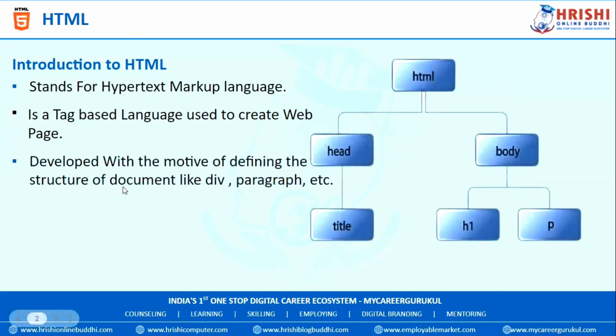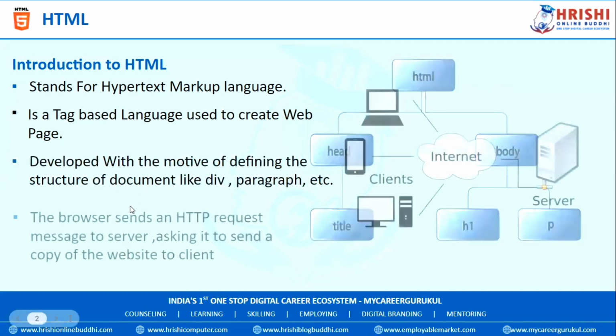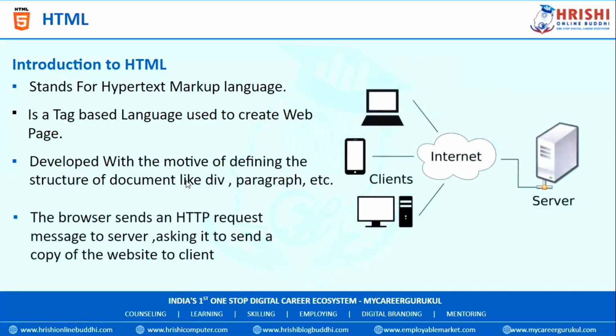Then it was developed with the motive of defining the structures of a document like div and paragraph, head, title, so that it has a proper structure. The browser sends an HTTP request message to the server asking it to send a copy of the website to the client.